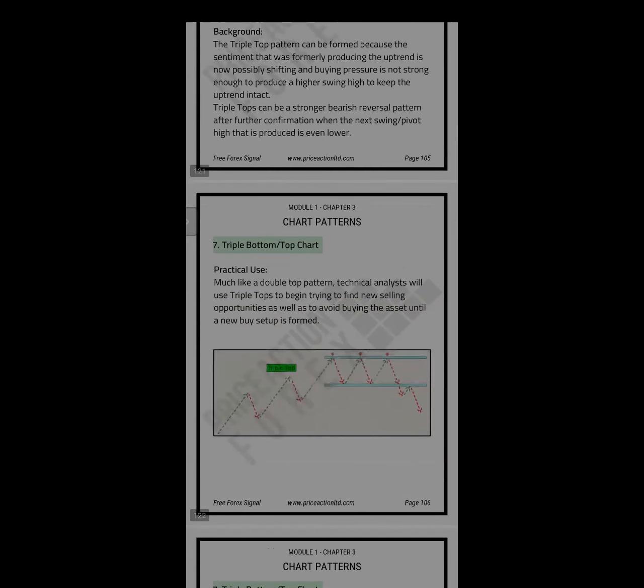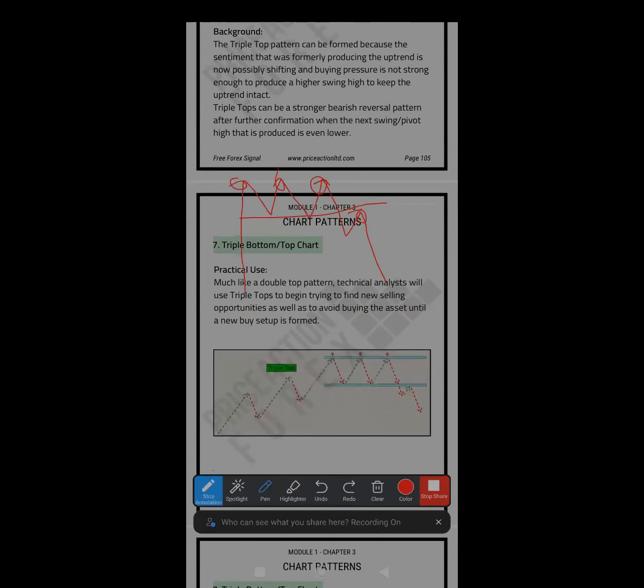You can see a structural example of a triple top, which I've drawn for now. In an uptrend: first high, second high, third high, neckline broke, retest and continue. Very simple as that.